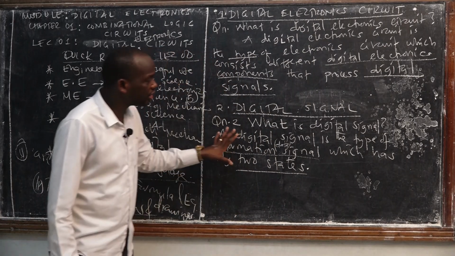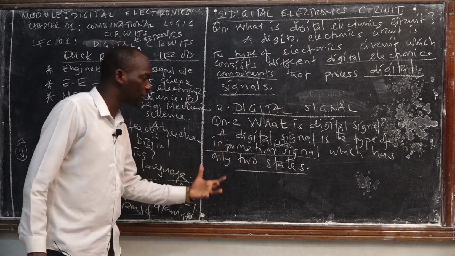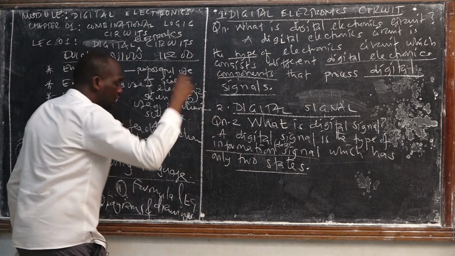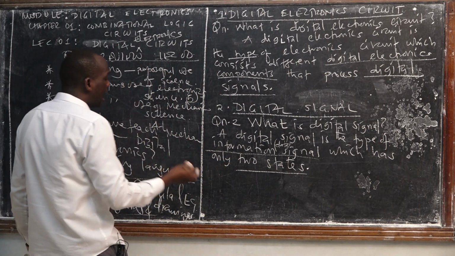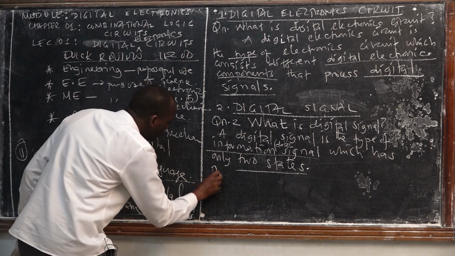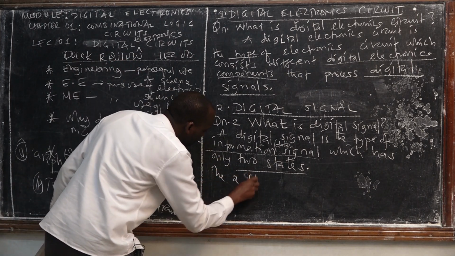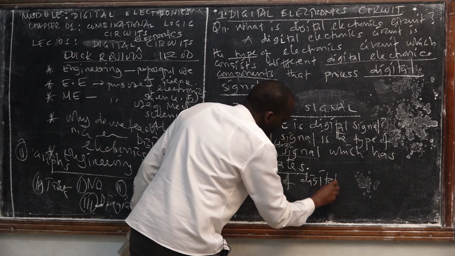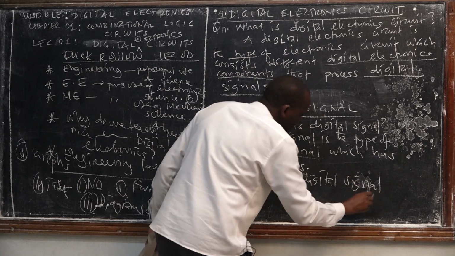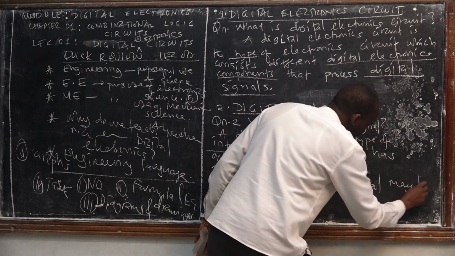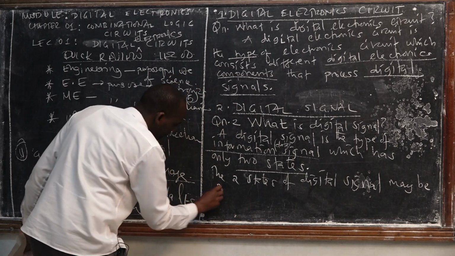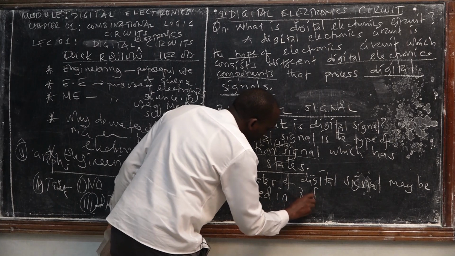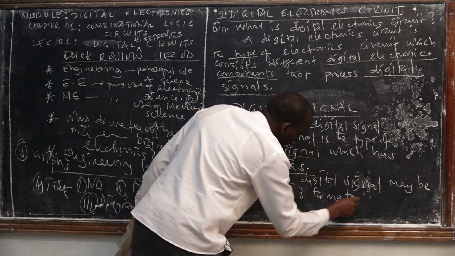So a digital signal is one of the types of information or data signal, which has only two states. And what are those states? In electronics, the two states of a digital signal may be presented in three formats.